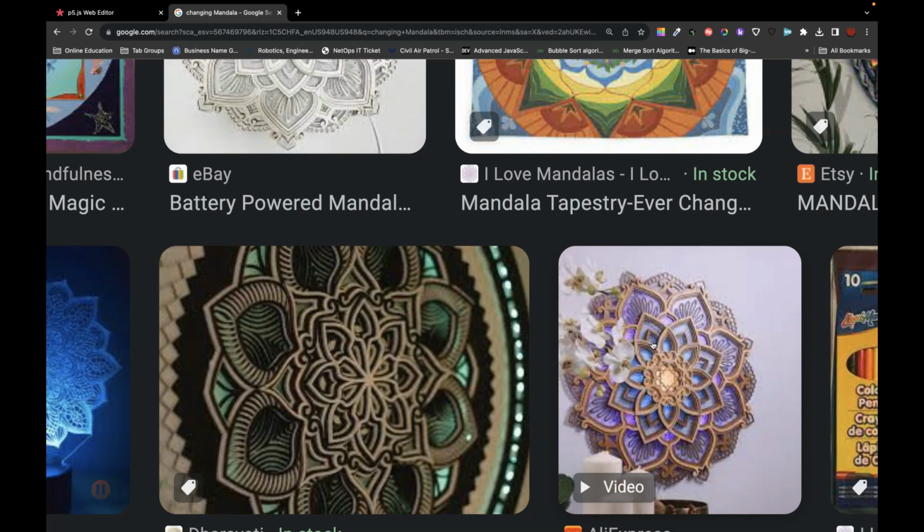So maybe we want it rotating based off certain values that are increasing or decreasing. We can do that for angles, like what we've done with rotate. We can also custom create these shapes and have those move and be dynamic too. So let's start playing around with that, okay?